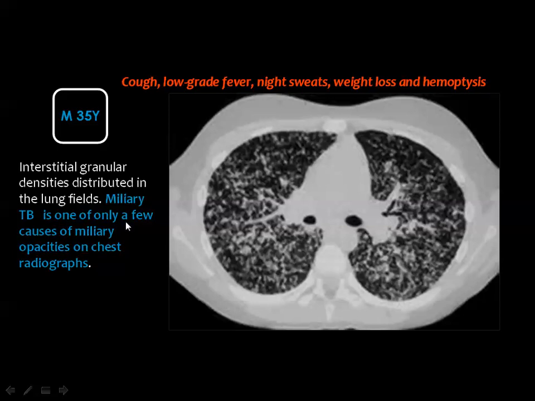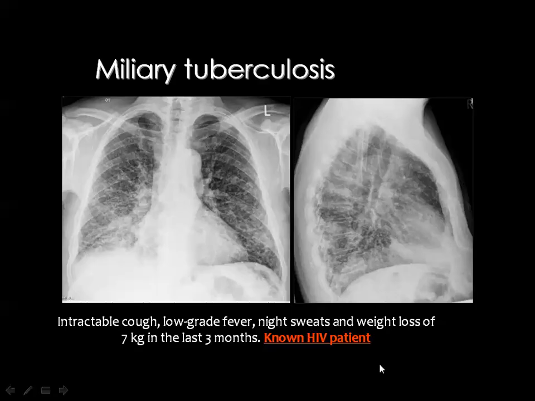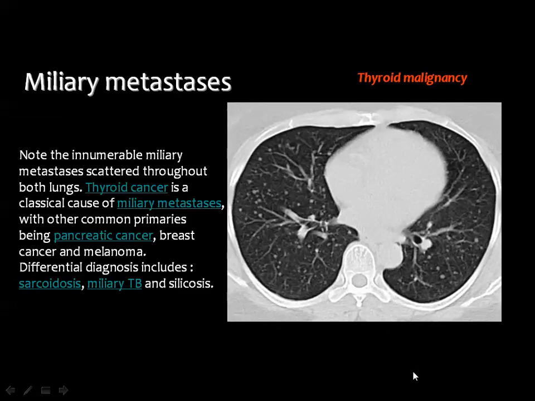And this is one of the important statements in the literature, that miliary TB is one of only a few causes of miliary opacities on the chest radiograph. And sometimes patients who are HIV positive may have miliary tuberculosis, and at that time you can see that the shadows are bigger than 3 millimeters, but you consider that the patient is immunocompromised and the lesions may be a little bit larger.